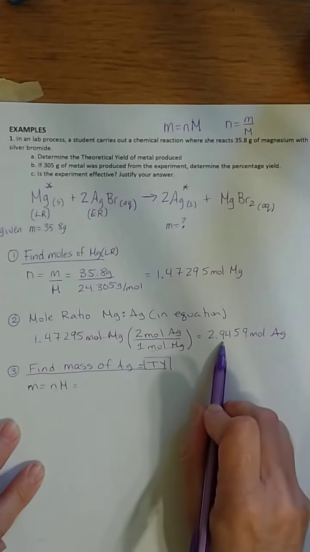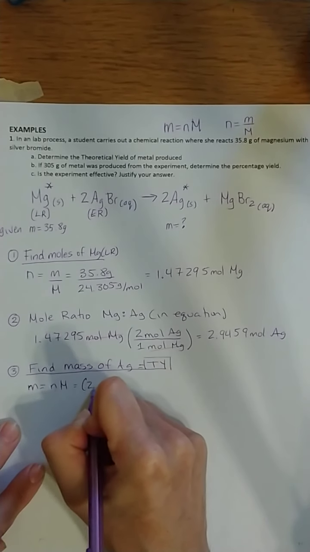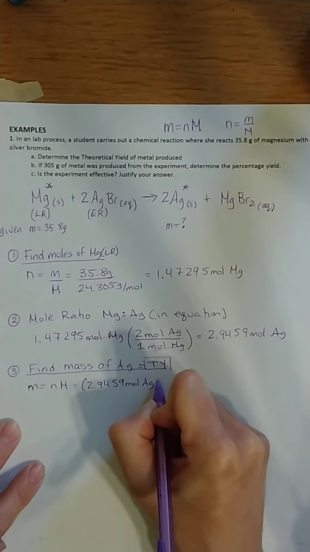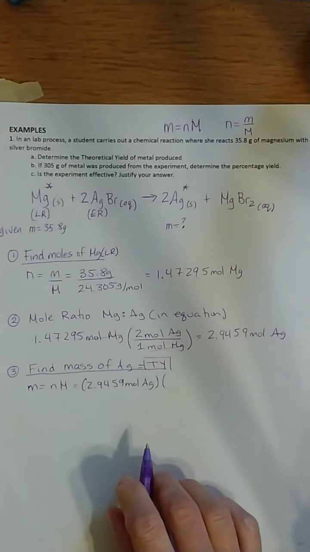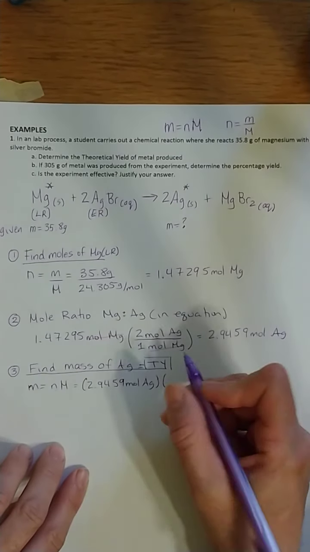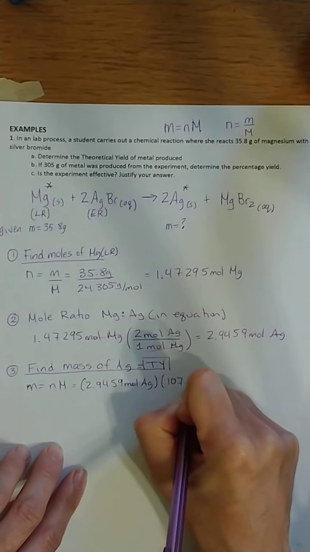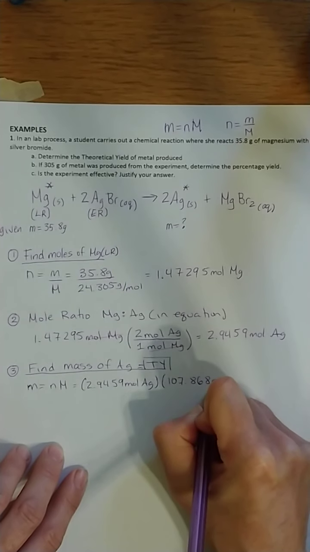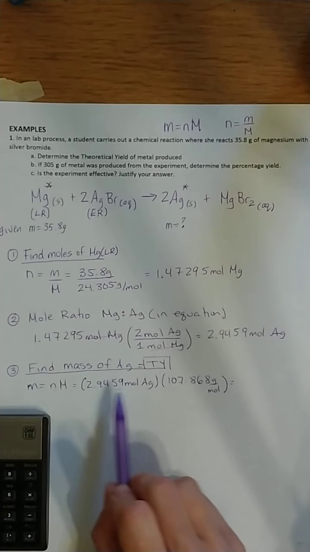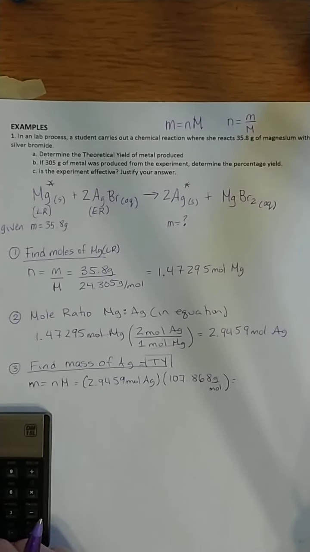So the moles we have right here of silver, 2.9459 moles of Ag, we're going to multiply by the molar mass of silver, and the molar mass of silver is 107.868 grams per mole.